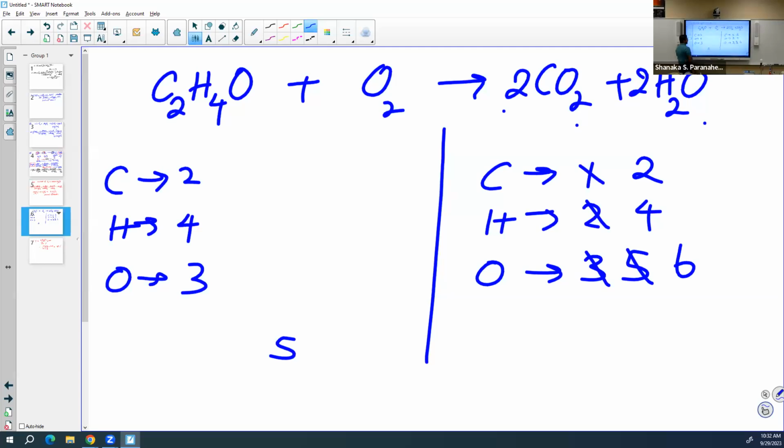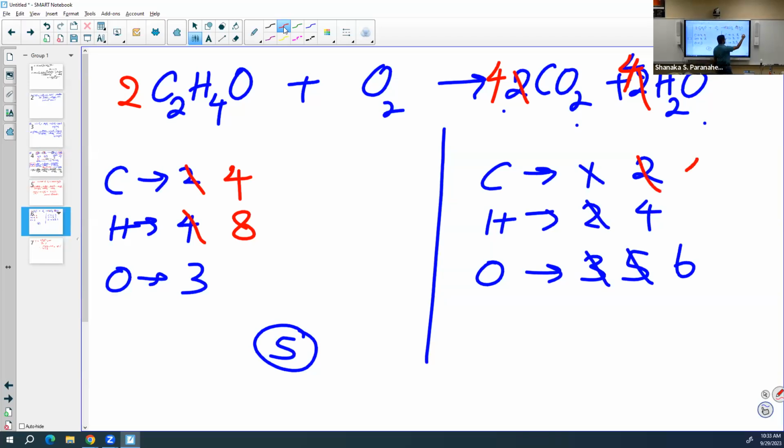So we need 5 more oxygen atoms on this side. There's no way to get 5 oxygen atoms using this, which means we have to multiply all those numbers by 2. We balance this by updating the new numbers, multiplying by 2. All these numbers are going to be doubled.